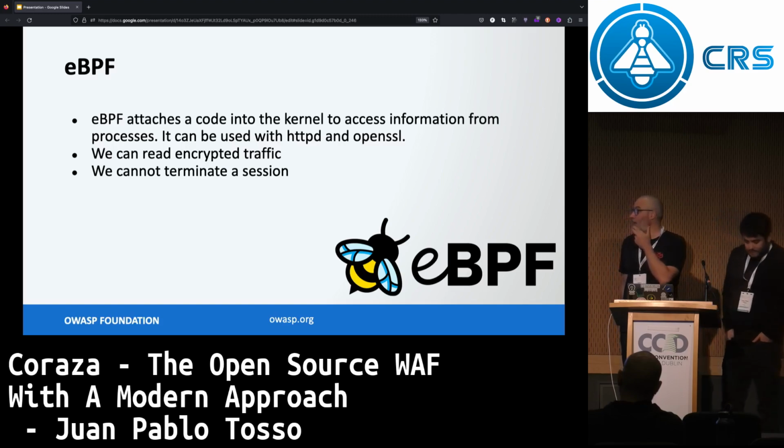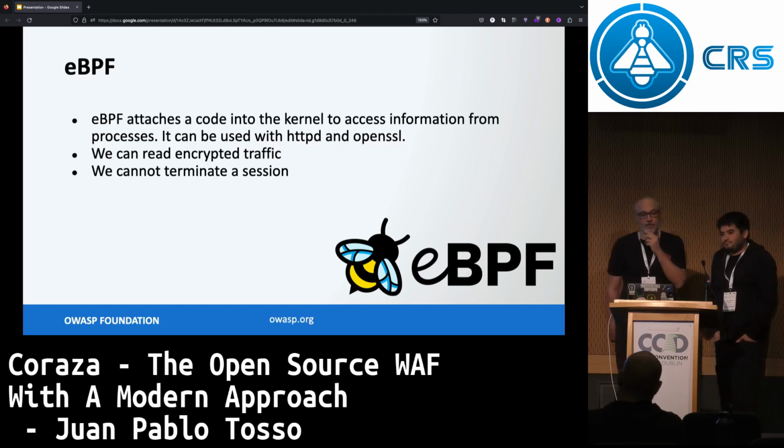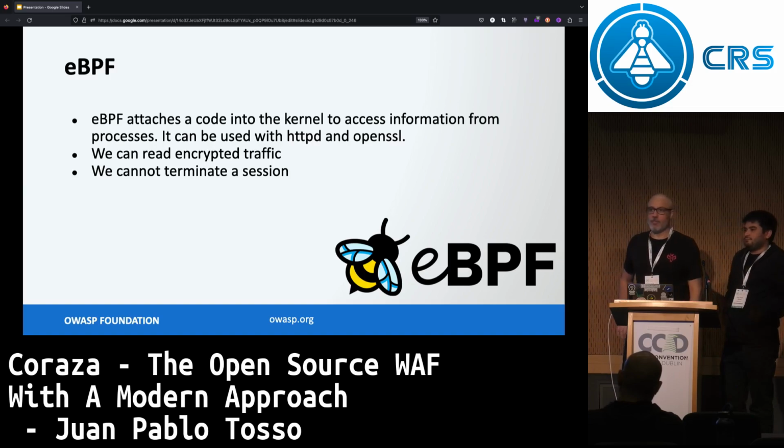So eBPF is kind of, I will not say a revolution, but as you can run things on the kernel, it's very tied to the kernel and it's very fast. There are a lot of things being run using eBPF, notably lots of observability tools and lots of security tools.